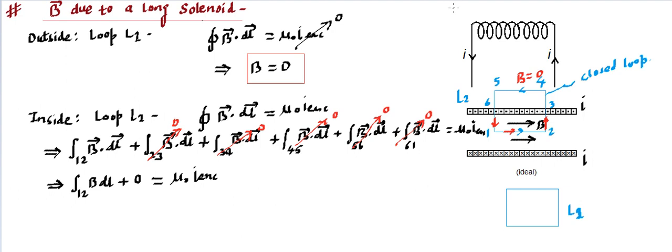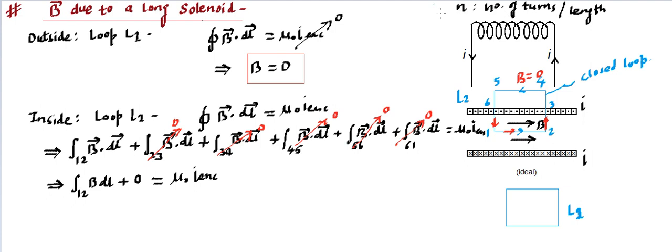So we defined a number n, and this n is considered as the number of current carrying loops, or number of turns, you can say in short, number of turns per unit length. So we define a small n, which is the number of turns per unit length. That means in unit length, how many turns are available, that is the value of n.